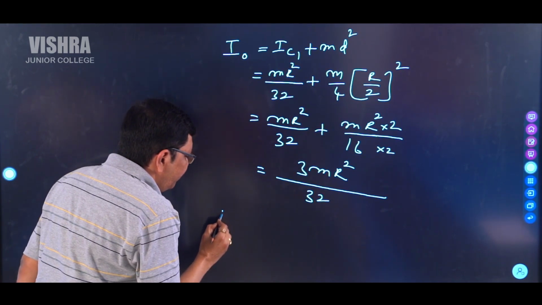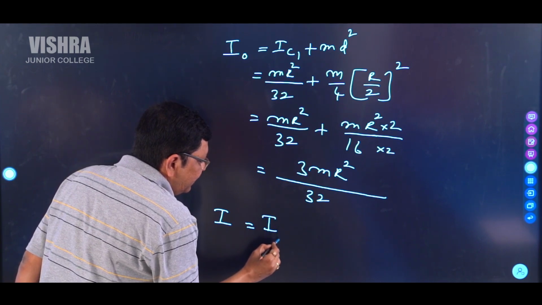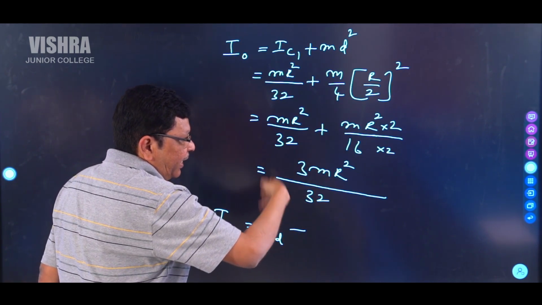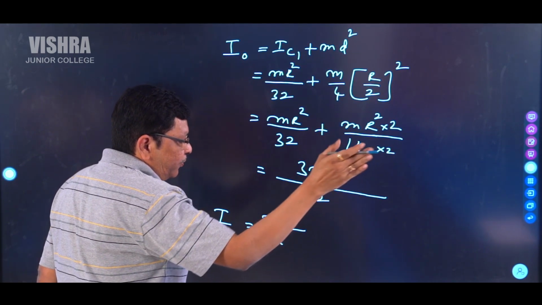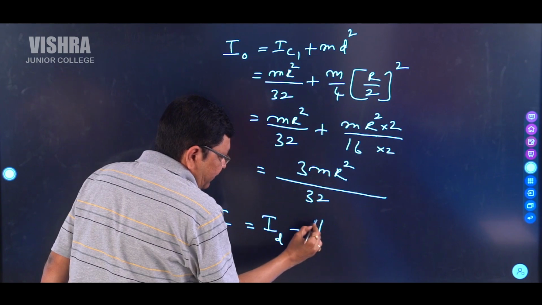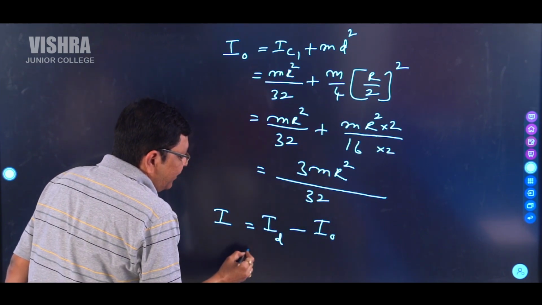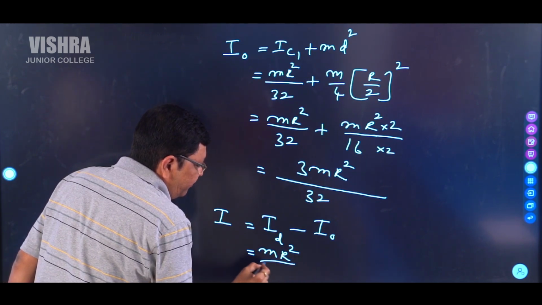Now total moment of inertia will be moment of inertia of the total disk, and from it the moment of inertia of the cavity, the disk portion that is removed. That is why I should go for subtraction. Total disk moment of inertia we know is MR square by 2.